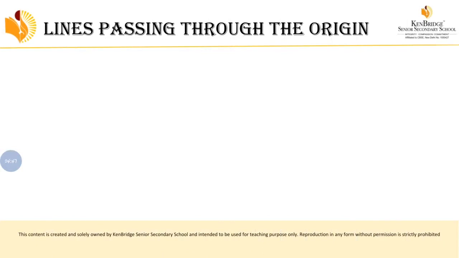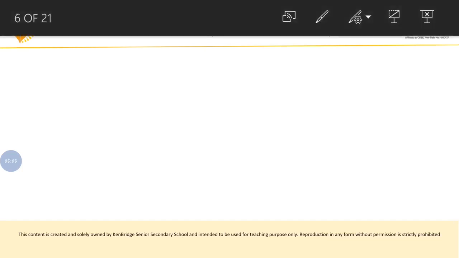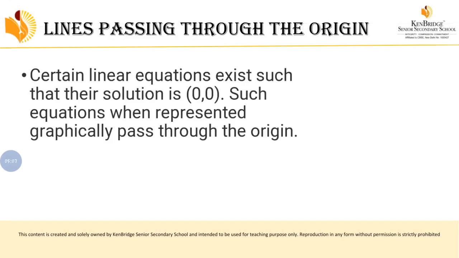The next point is lines passing through the origin. First we have seen that a linear equation in one variable or two variables will give a straight line in the coordinate plane, right? Now we are going to see straight lines that pass through the origin. Certain linear equations exist such that their solution is 0, 0.